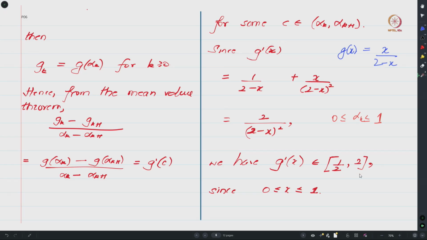So you can use these bounds on x to conclude that g prime x will also take values between half and 2.